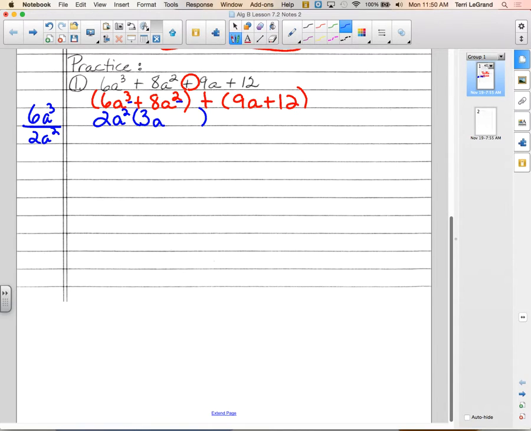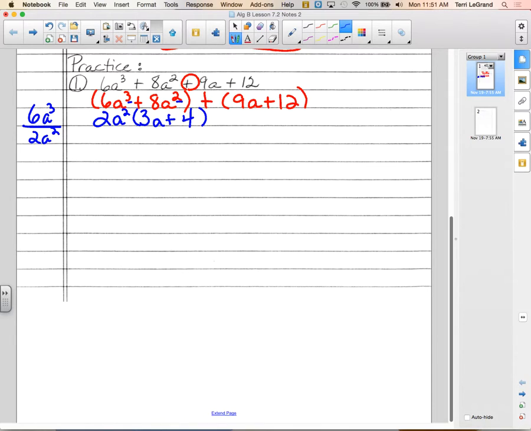You need to see it to help you, that's what you should be doing. Then we bring down the plus sign that's between our two terms in our group. What's 8 divided by 2? 4. What's a squared divided by a squared? 1. They cancel each other out, don't they? It's 1. And 1 times 4 is 4.